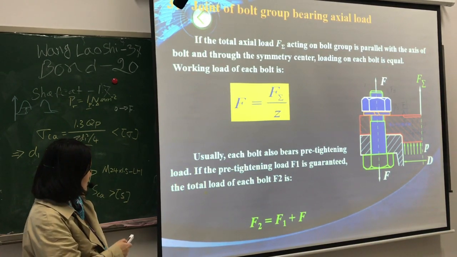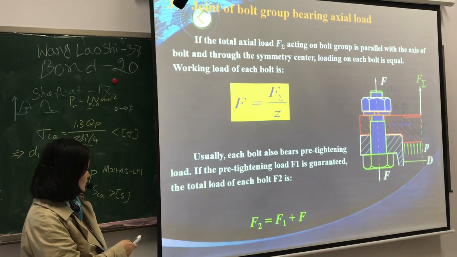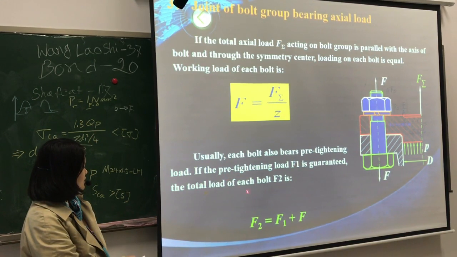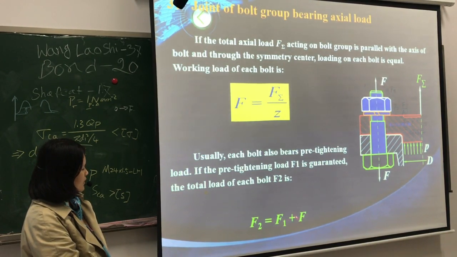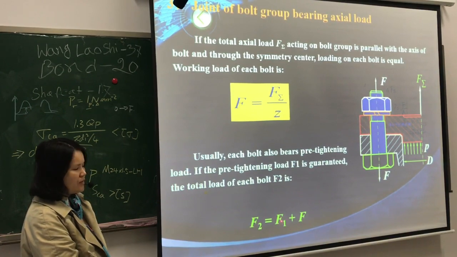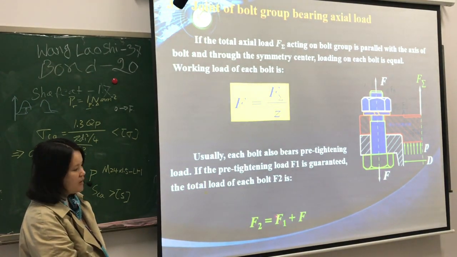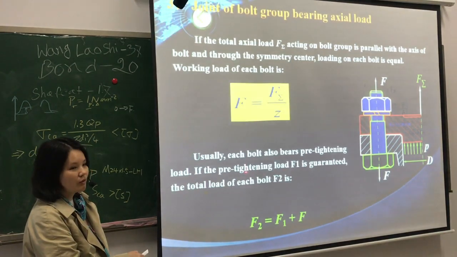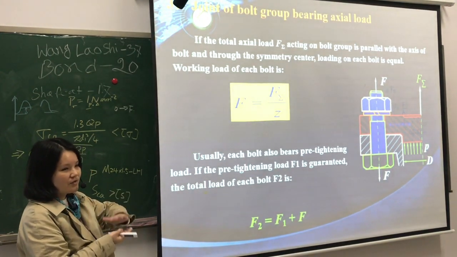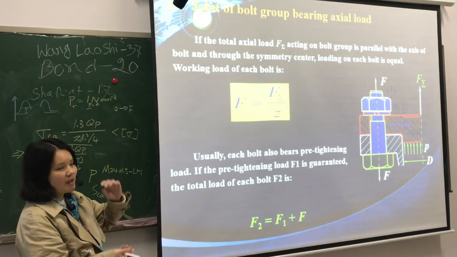If it is a rotating load, the total load of each bolt F2 is not equal to F1 plus F. F2 equals F1, where F1 is the remaining preload, not the preload, because the members should be relaxed.